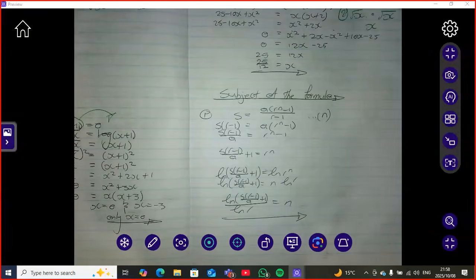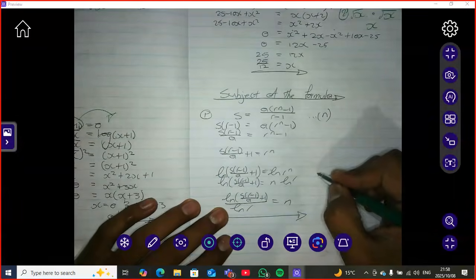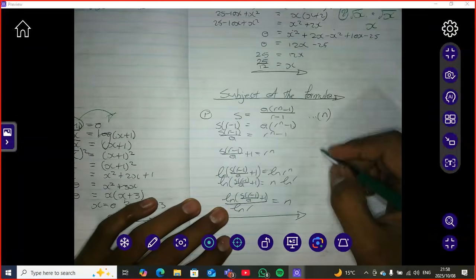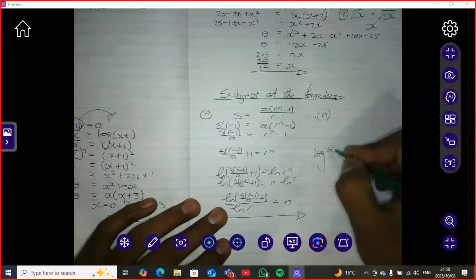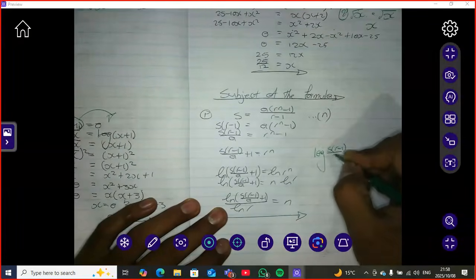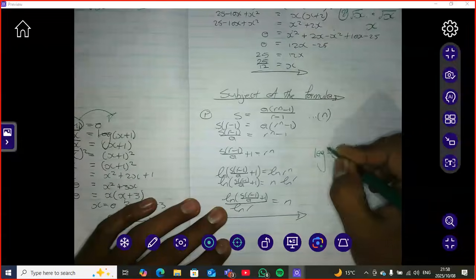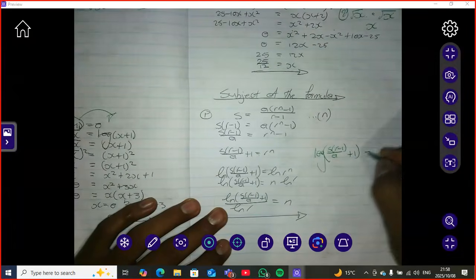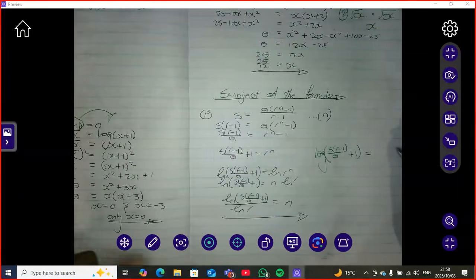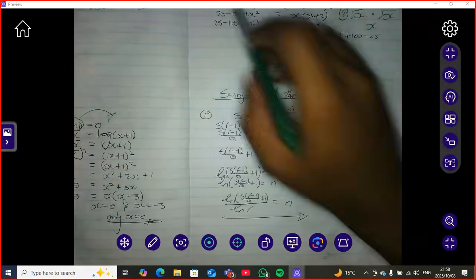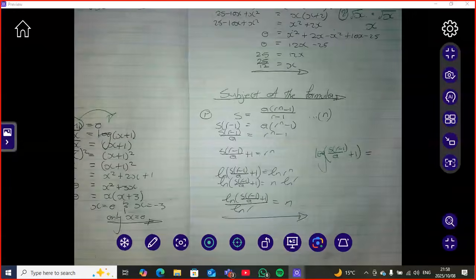So that is when I introduce either ln or log. I can say log r^(n) = log (r-1)/(a+1), but I must log both sides now. You see, when you square both sides and you multiply throughout the whole equation, it's always both sides.